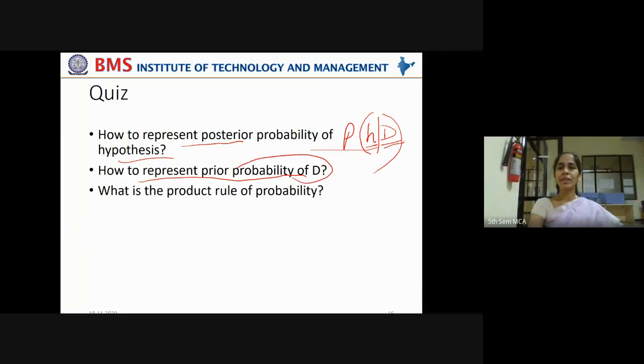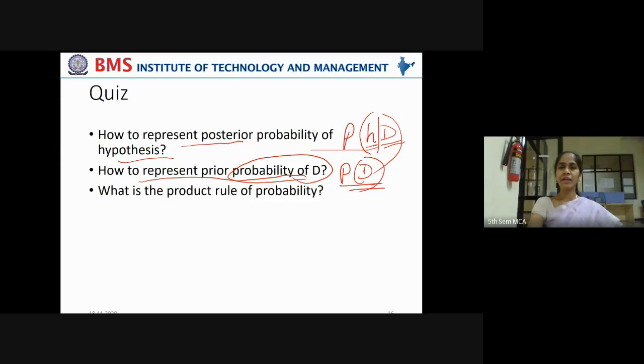Prior probability of D, how can you represent this? Prior probability of D can be represented as P of D. All simple things, right? What we have been discussing from class 1 of this module.